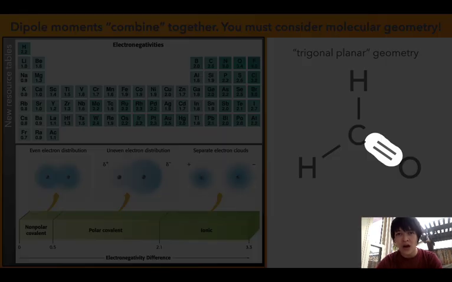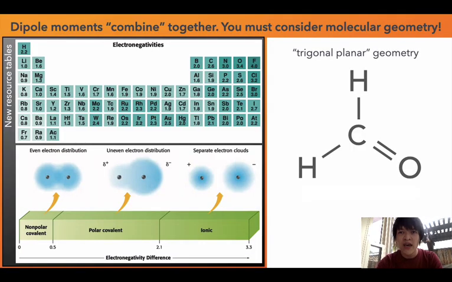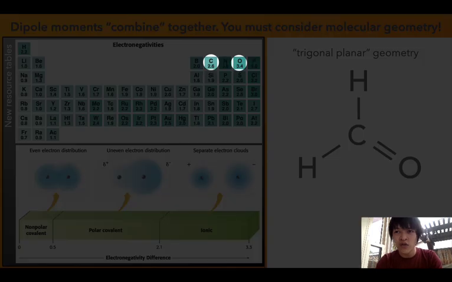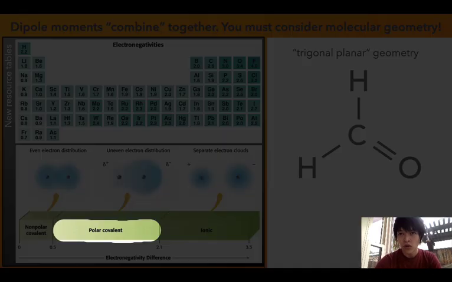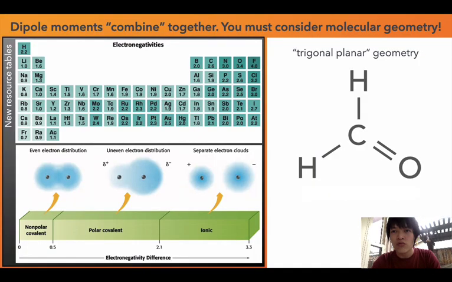For the carbon-oxygen bond, we calculate the electronegativity difference value, which is going to be 0.8, which means that this bond is polar covalent. So we do draw a dipole moment arrow pointing towards the more electronegative atom in this bond, which would be oxygen.